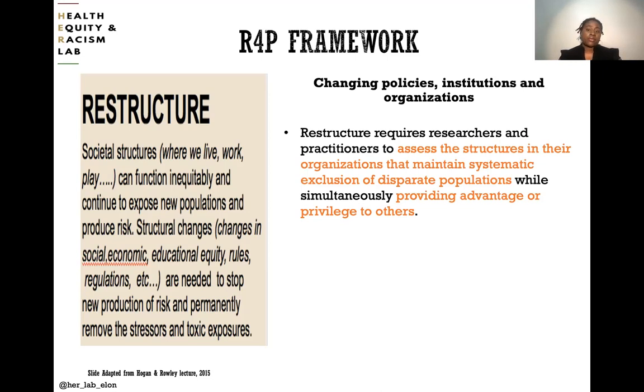Restructure requires researchers and practitioners to assess and examine the structures in their organizations, our systems that maintain systematic exclusion of disparate populations, while simultaneously being able to provide advantage or privilege to others, which also needs to be acknowledged.